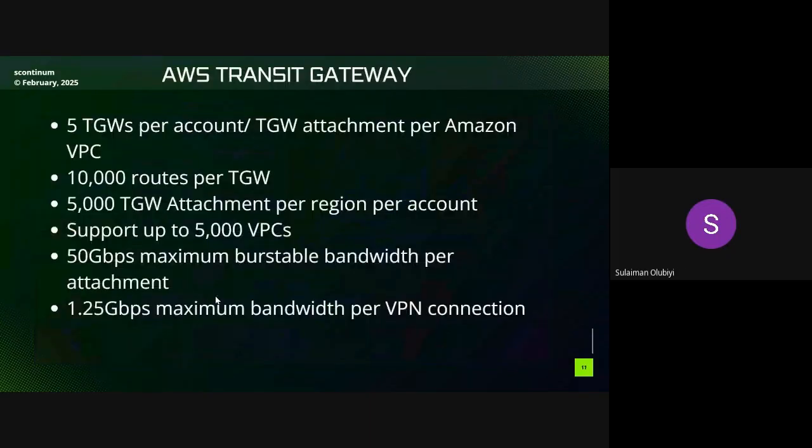Okay. Thank you. So, what are the limits of using Transit Gateway? What are the limits to the things we can do? It can only use 5 Transit Gateways per account. And also, it supports over 10,000 routes. You know, the last time I was saying that on your route table, your VPC supports only 100, right?